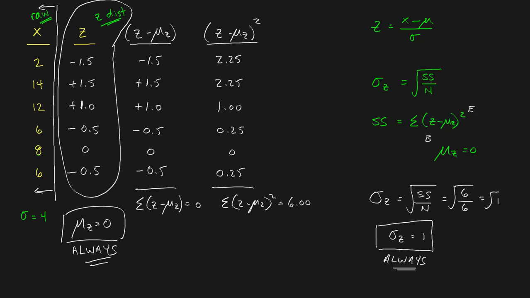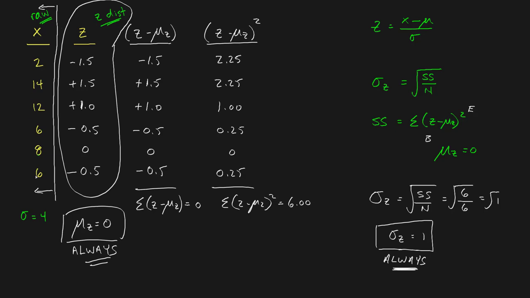So the mean of an entire distribution of z-scores, not just a few of them, but all of them, is 0. And if I have all of my z-scores, so if I took all of my raw scores and converted them all to z-scores, the standard deviation is going to be equal to 1, always. I can show you how to get a feel for what's happening with that.